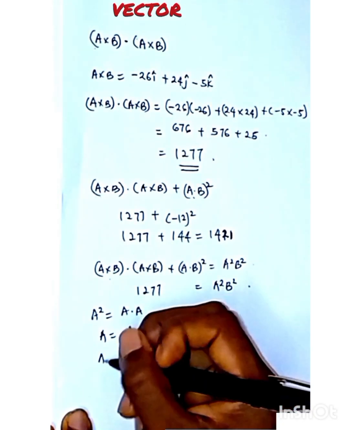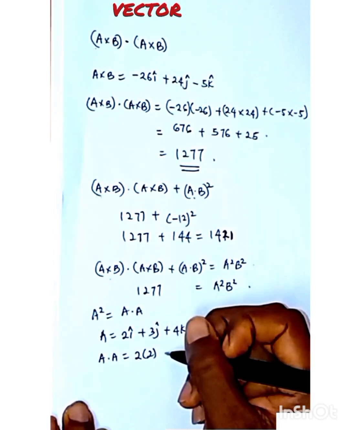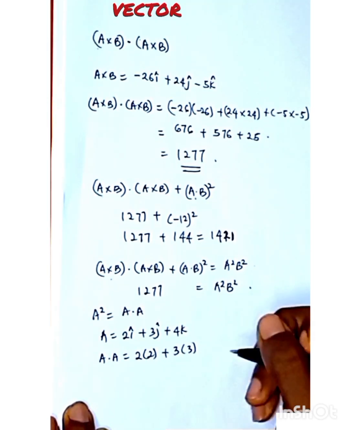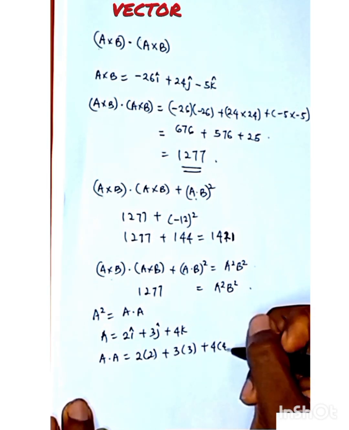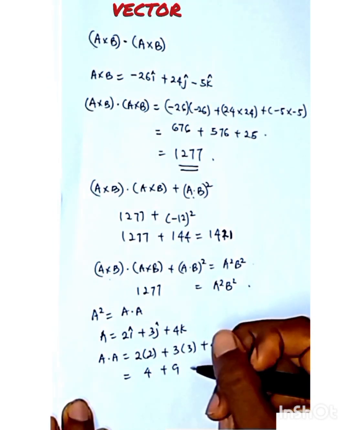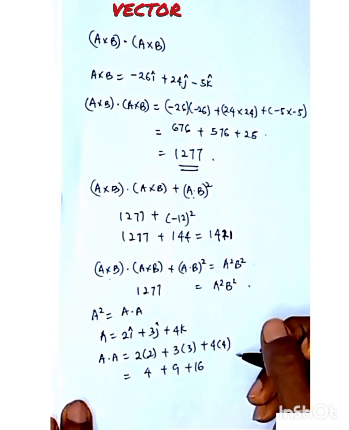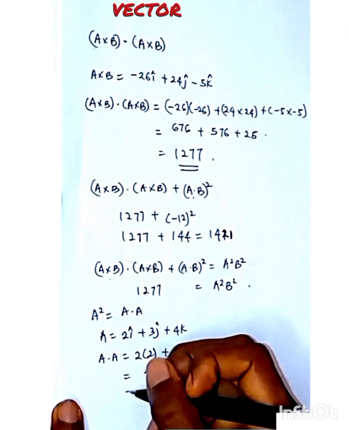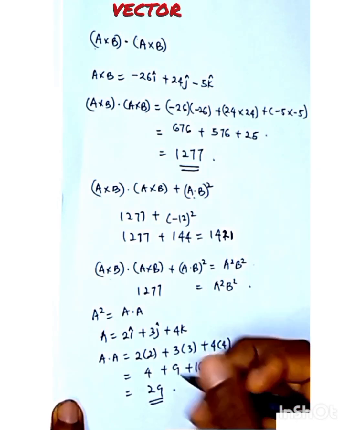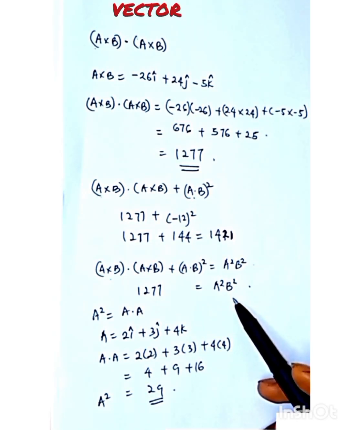So A dot A becomes 2 multiplied by 2 plus 3 multiplied by 3 plus 4 multiplied by 4. This gives us 4 plus 9 plus 16. 4 plus 9 is 13, and 13 plus 16 is 29. So A squared is 29.